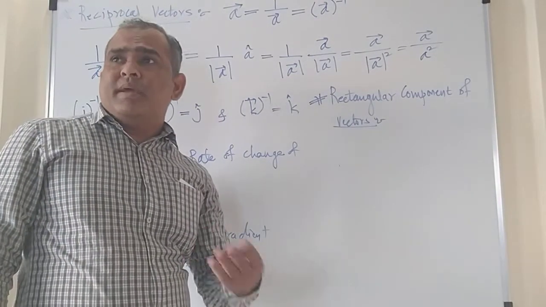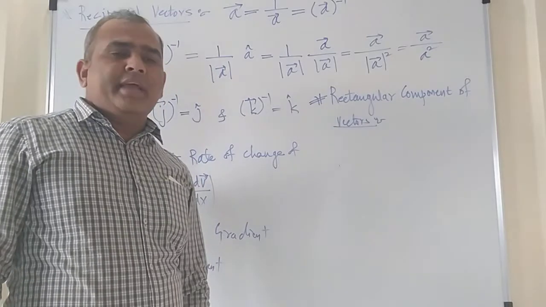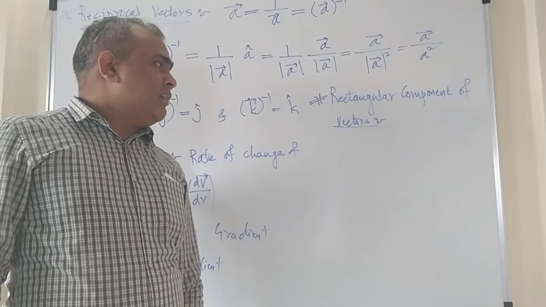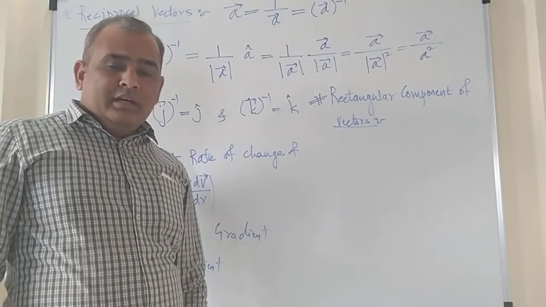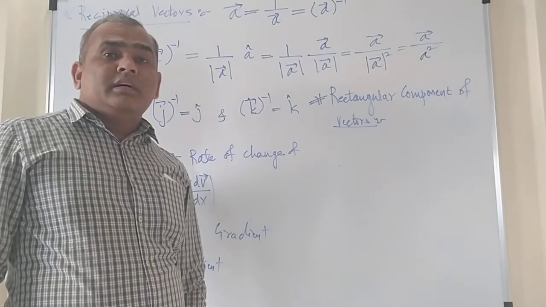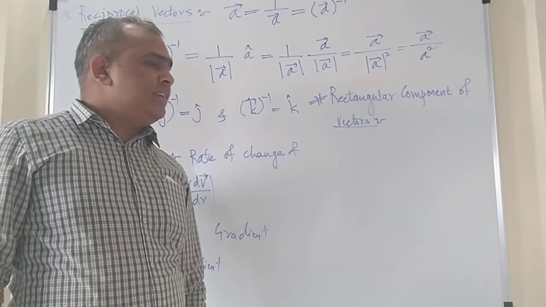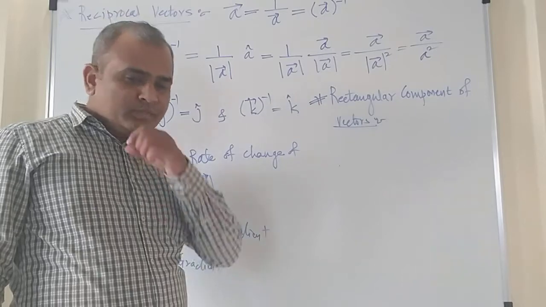If you are writing in space, in terms of x, y and z, then these are called three-dimensional vectors, or vectors in space.